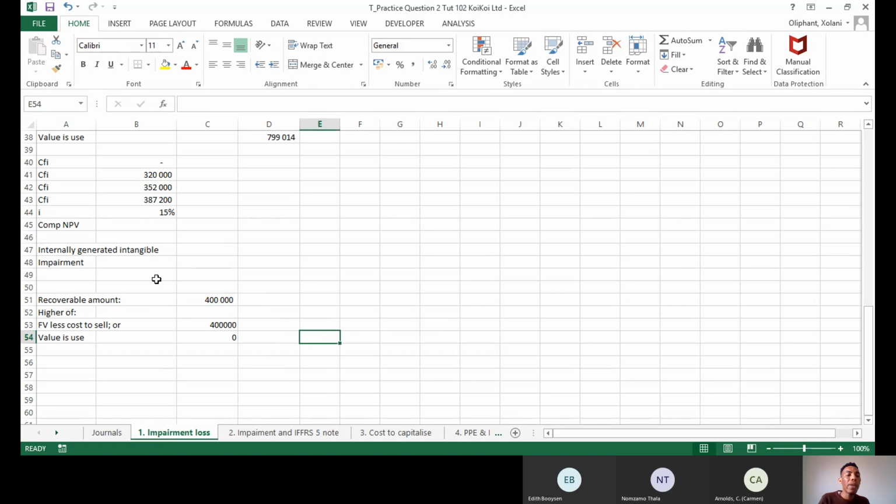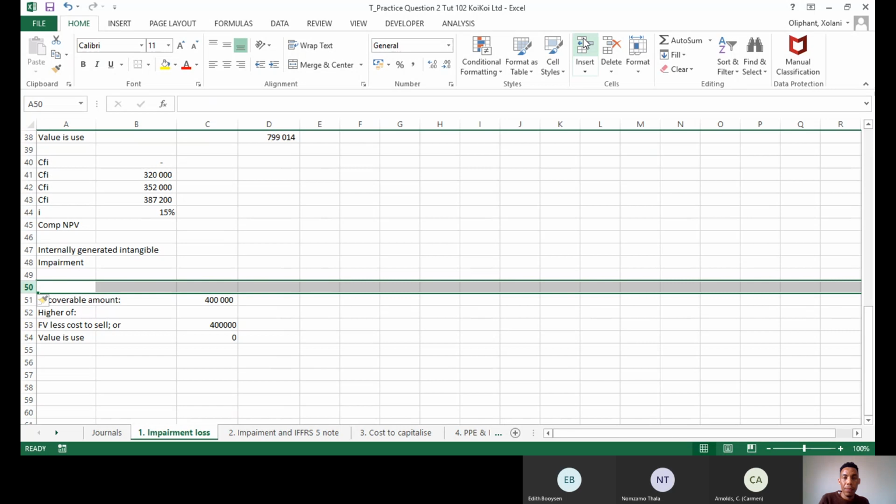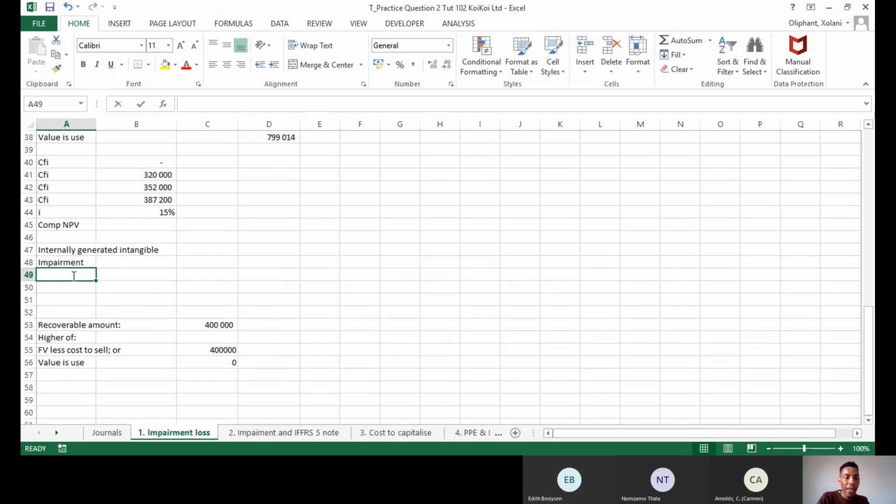Fine. Now we need to determine what the impairment is. We have our carrying amount at 31st December 2011, I think it's 621 something. Let me confirm the carrying amount quickly: 621,889.